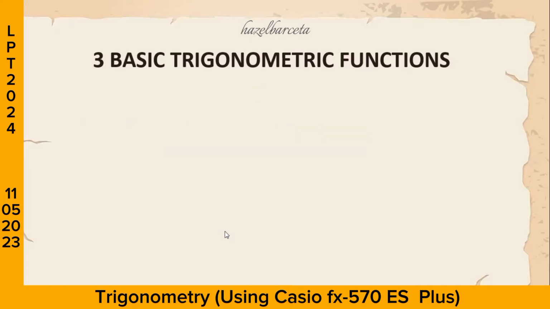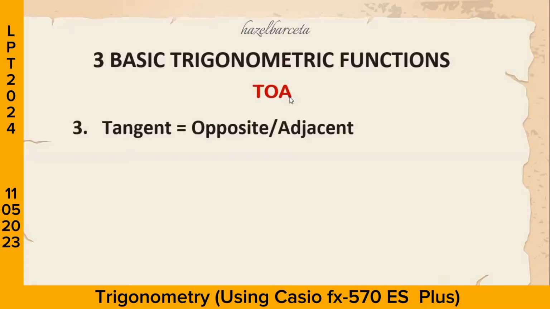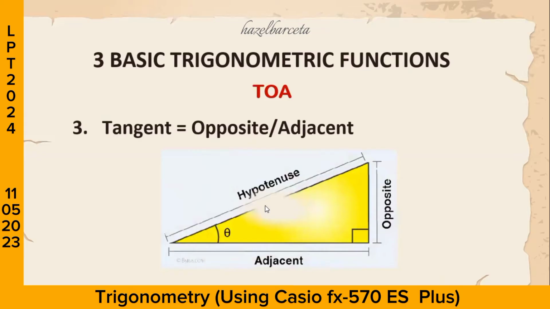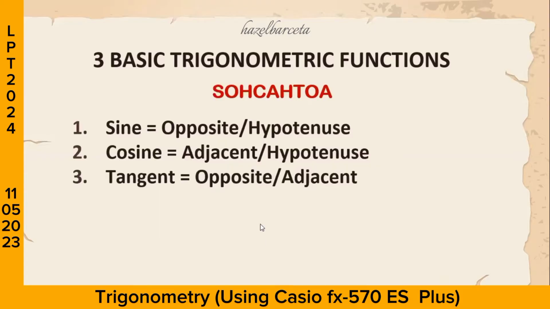And the third, TOA, T for tangent, O for opposite side over adjacent side. Okay? So, opposite over adjacent for tangent. Okay, so ito na po ang ating SOHCAHTOA. Nakilala na po natin sila and we will have a review. S for sine, O for opposite, H for hypotenuse.